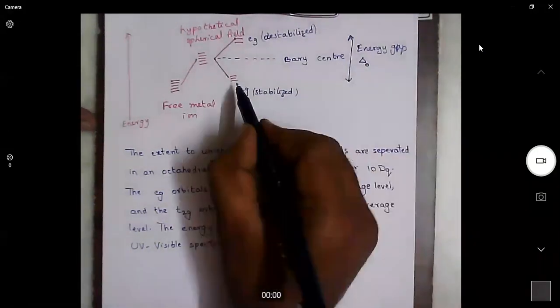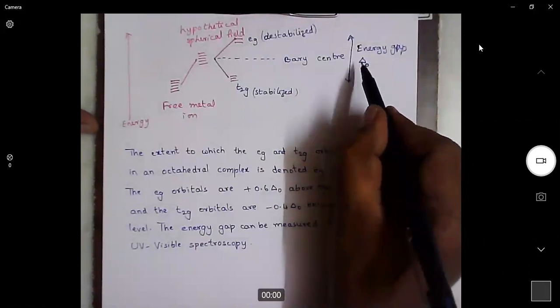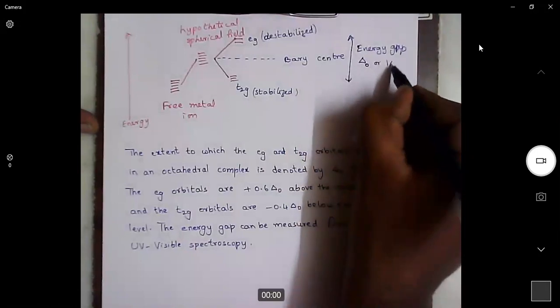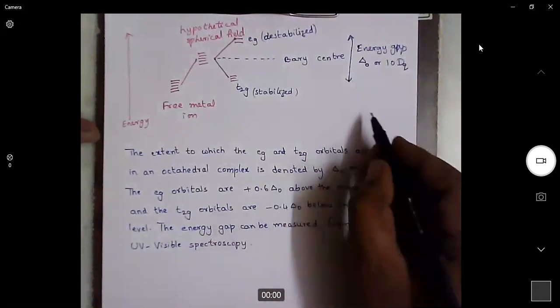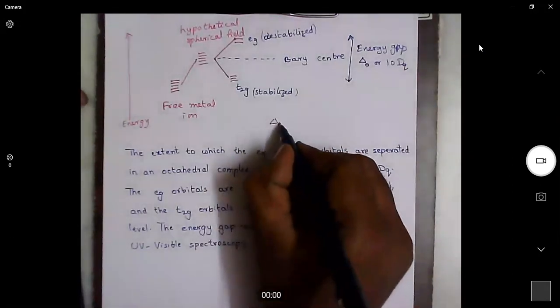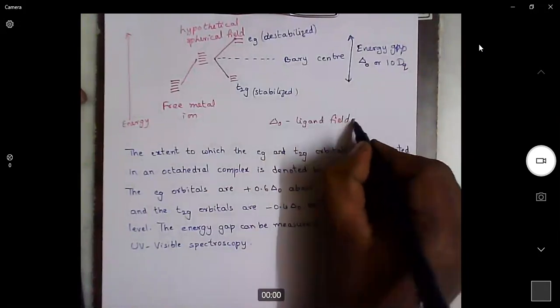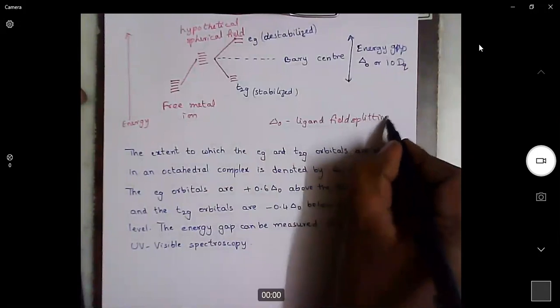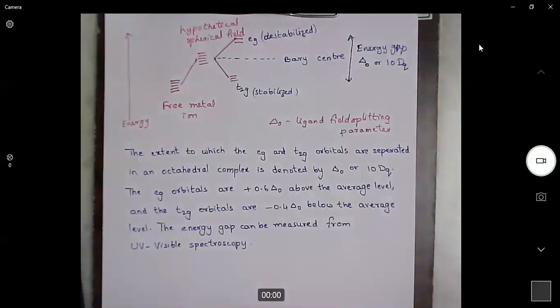So the energy difference between T2G orbitals and EG orbitals is called the energy gap or delta naught, or 10 Dq. This delta naught is called the crystal field splitting energy, or ligand field splitting parameter. So this delta naught will determine how much splitting is there because of ligands.